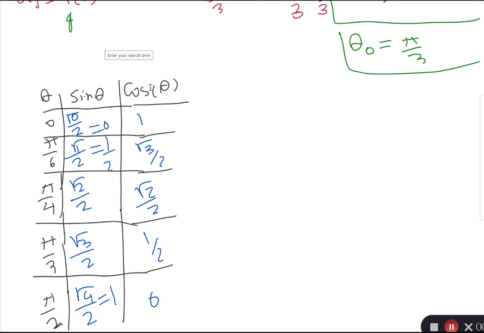Now, all I need here is this row for pi/3. What I need is 1 over cosine of pi/3, which, according to this table, is 1 over 1/2, which is 2. And sine of pi/3 over cosine of pi/3 is going to be square root of 3.